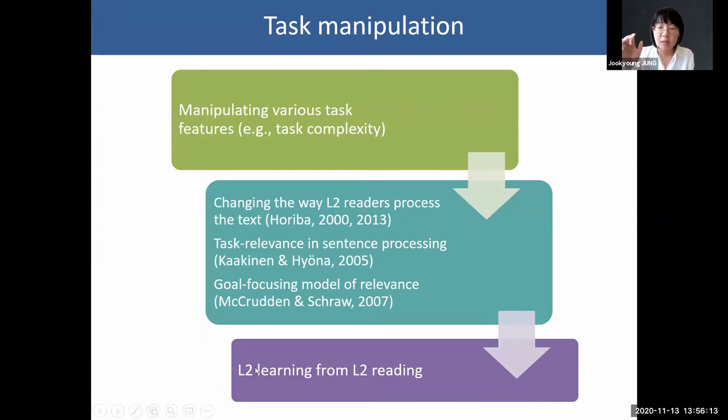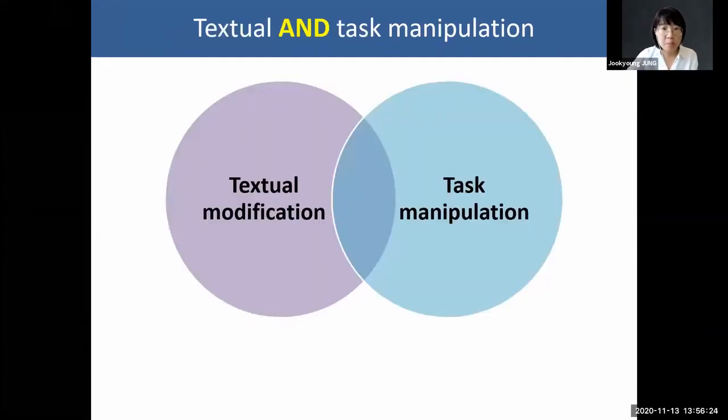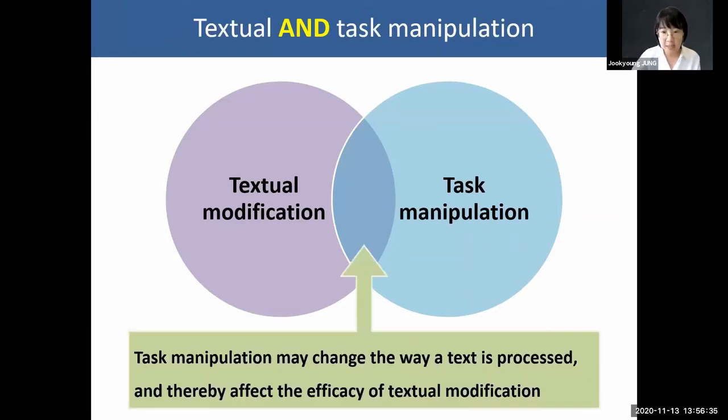And then, which in turn is manifested in the amount of L2 learning from engaging in that L2 reading task. So what I'm proposing is that we may need to explore more about the impact of task manipulation, and preferably in combination with textual modification, and how it can promote L2 learning from L2 reading.